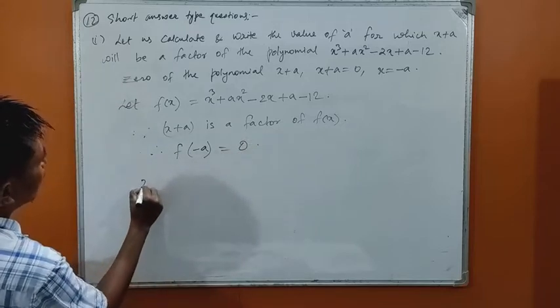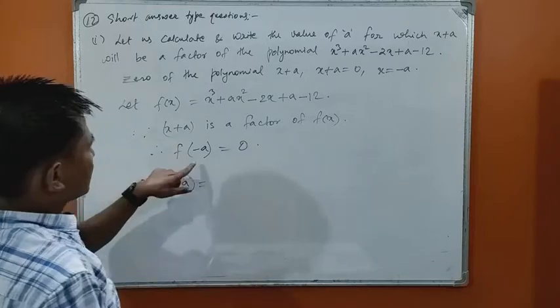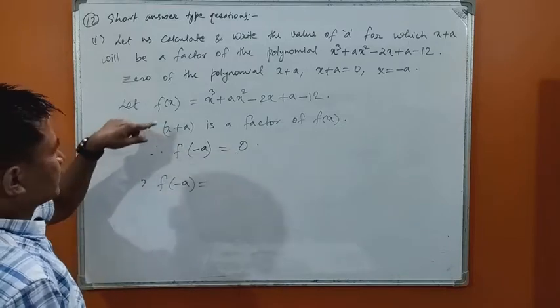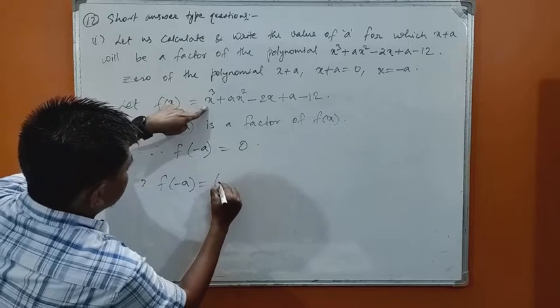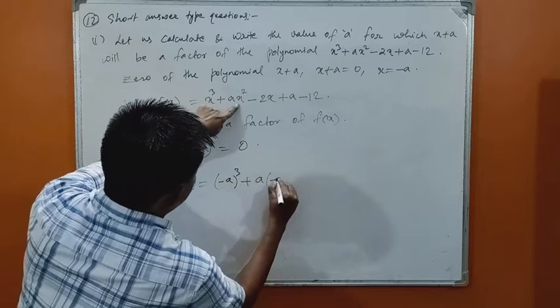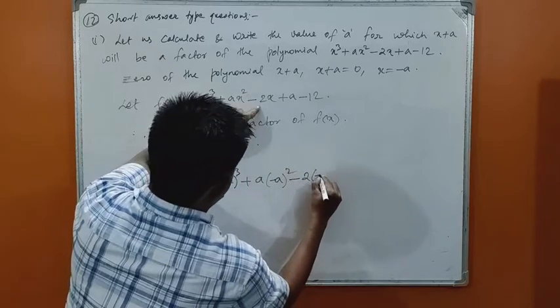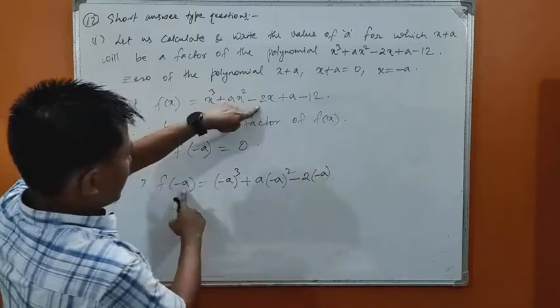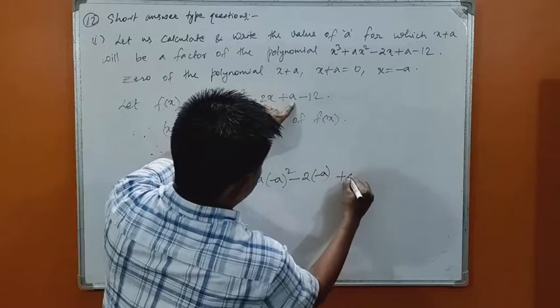The remainder should be 0 to become a factor. f(minus a) equals, instead of x I write minus a whole cube, plus a into minus a whole square, minus 2 into minus a, since x is minus a, isn't it, plus a minus 12.